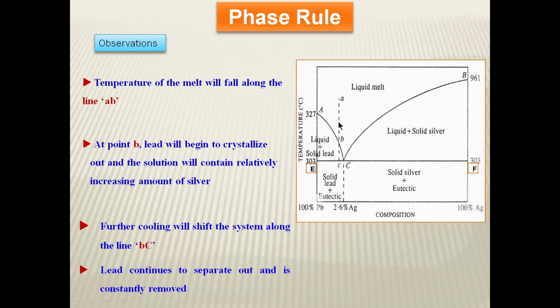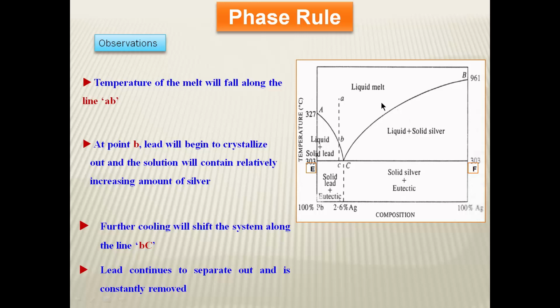Now, when the cooling process is continued, at a point B, the solid lead starts separating out. When the solid lead has started separating out at point B, the composition of the liquid melt, which had lead and silver as an impurity, both in liquid form, that is the homogeneous melt of both the metals, has changed.